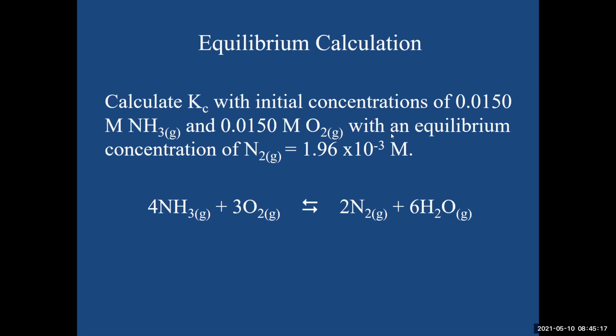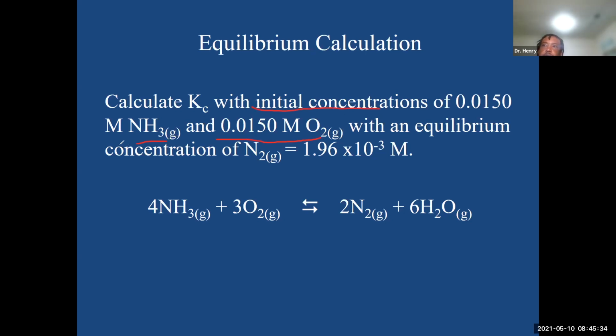For this one, would we set it up the same even though they're already giving us the equilibrium concentration? That's right, we'd set it up, but are they giving us the equilibrium concentration, or the initial concentrations? They're giving us the initial concentrations. So this is what you put in initially, right?